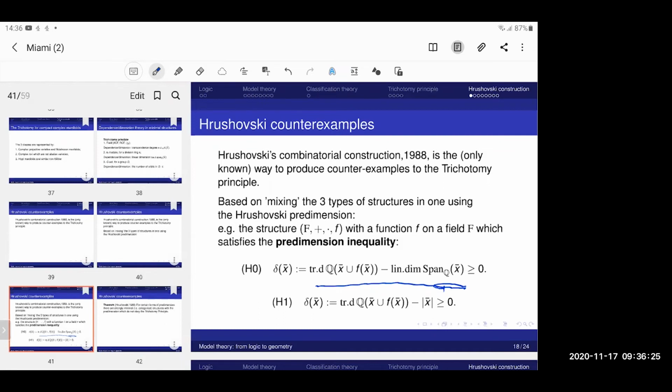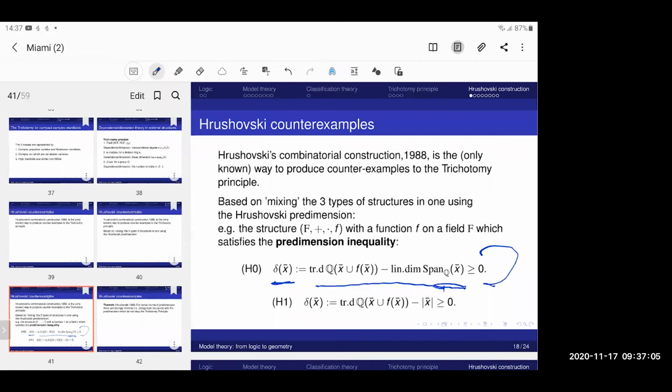And then you take this difference. The value that you get is your kind of counting of this effect of introducing this function f on this tuple of elements, delta. And of course, if you want this to become some sort of dimension, you would also want this to be non-negative. Okay, and then you have this pre-dimension inequality. That's what we call a pre-dimension inequality.